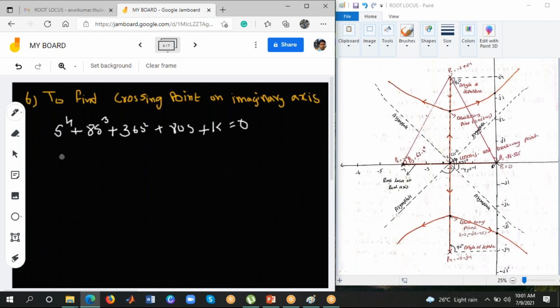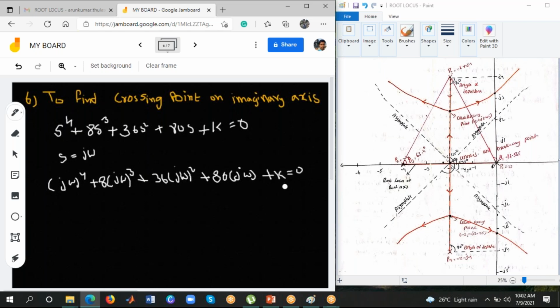So now I am going to substitute s equals j omega. So what you will get? (j omega) power 4 plus 8 into (j omega) cubed plus 36 into (j omega) square plus 80 into j omega plus k equals 0.